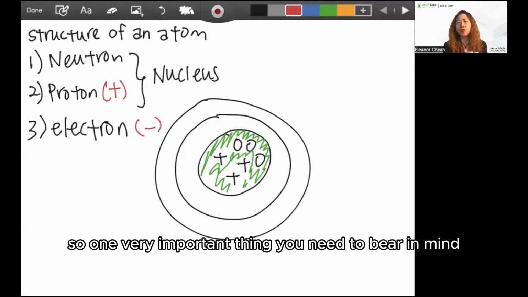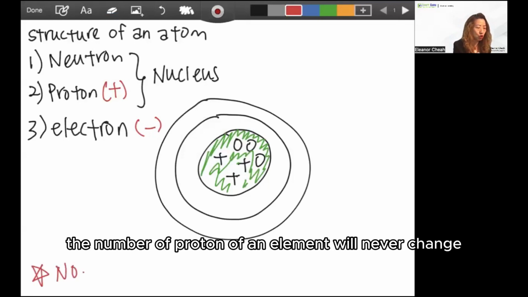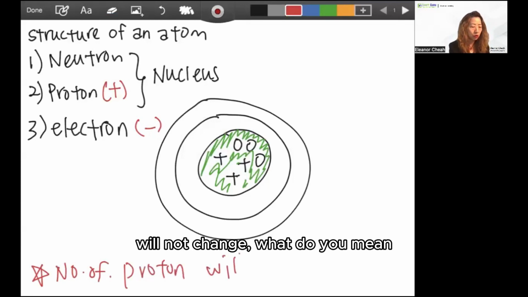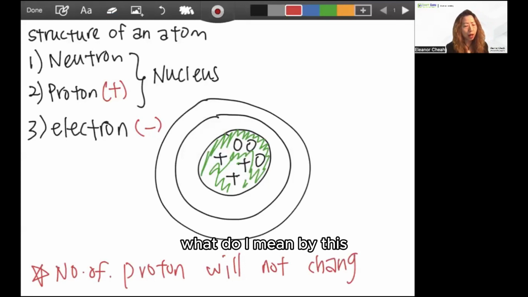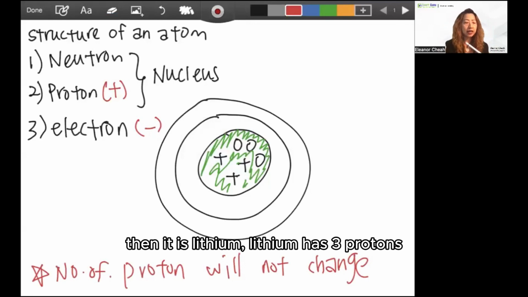One very important thing you need to bear in mind is that the number of protons of an element will never change. What do I mean by this? For example, now this element has got 3 protons, then it is lithium.